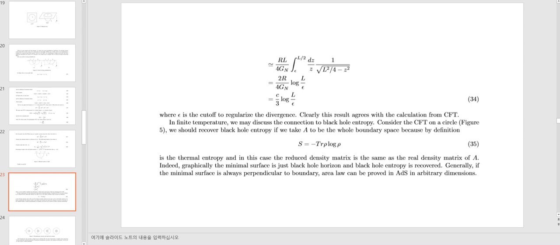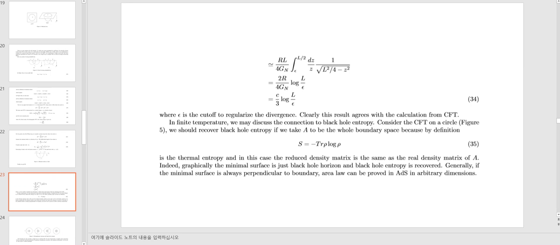At finite temperature, we may discuss the connection to black hole entropy. Consider the CFT on a circle. We should recover black hole entropy if we take A to be the whole boundary space, because by definition the entropy is like this, the thermal entropy, and in this case the reduced density matrix is the same as the real density matrix of A. Indeed, graphically, the minimal surface is just the black hole horizon, and black hole entropy is recovered.